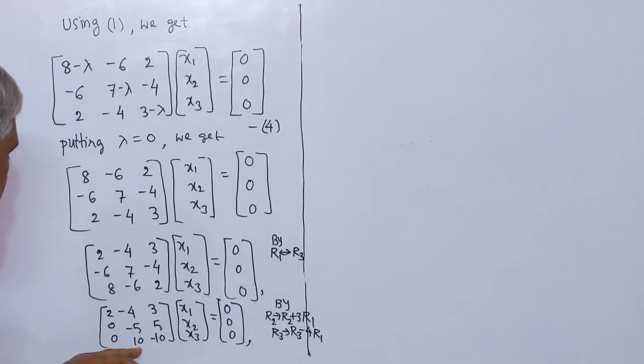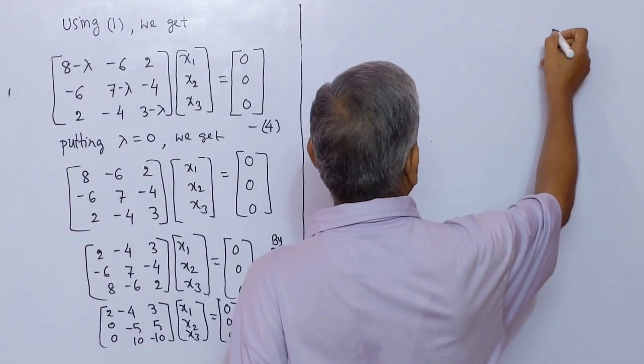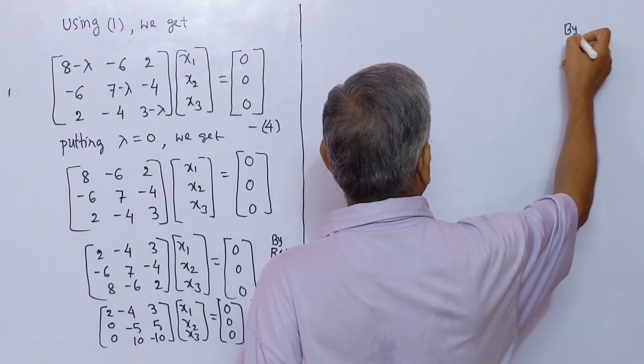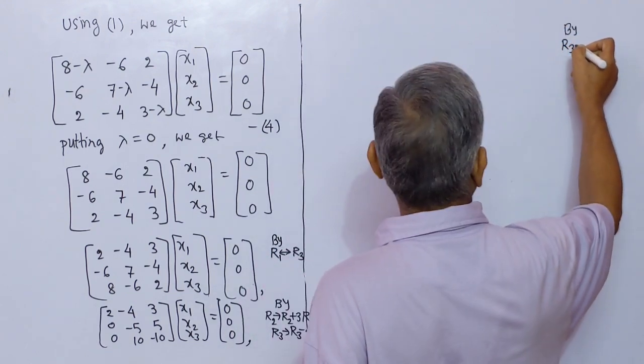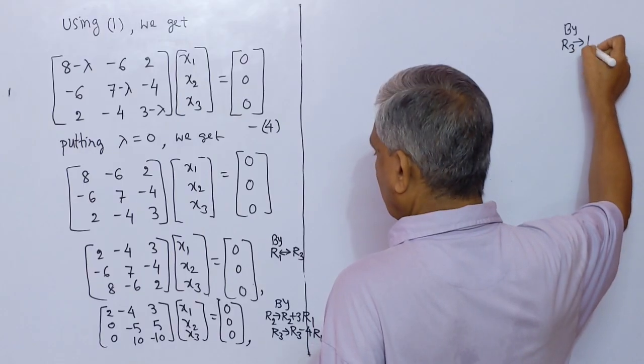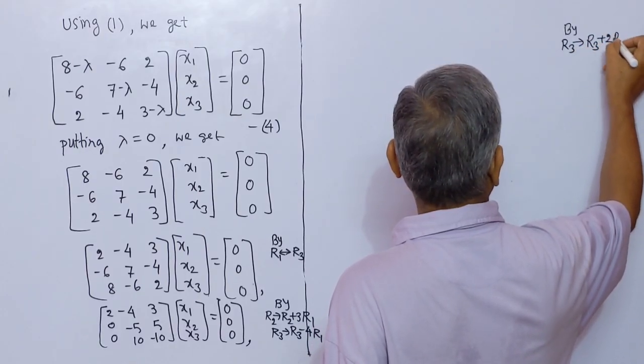Here we have to make 0. So in place of R3, we take R3 plus 2R2.